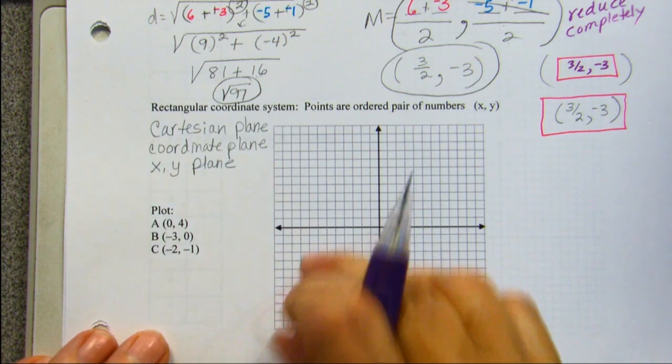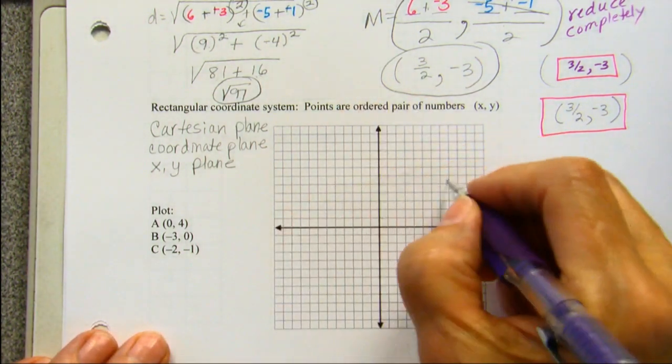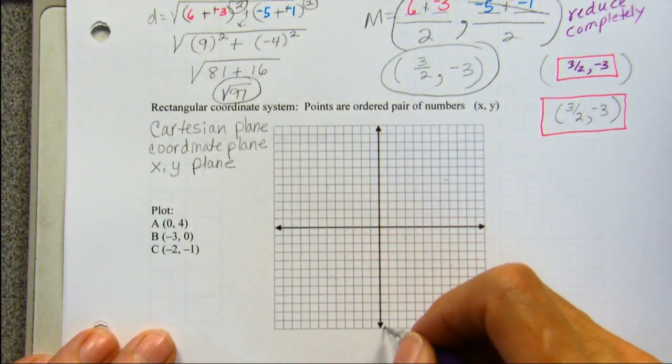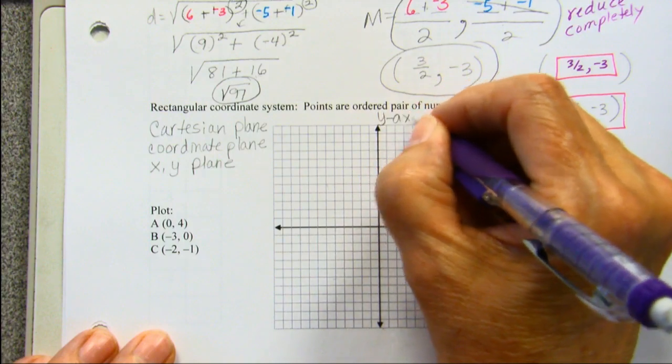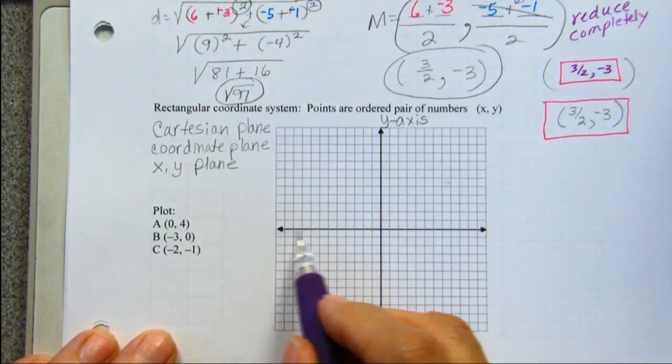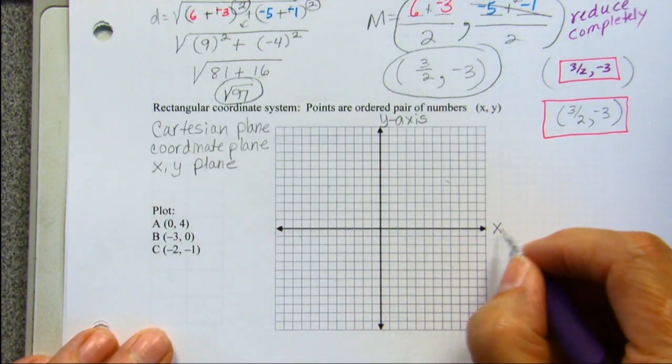Okay, your coordinate plane is split up into 4 pieces. The vertical line in the middle is your y-axis. The horizontal line is your x-axis.